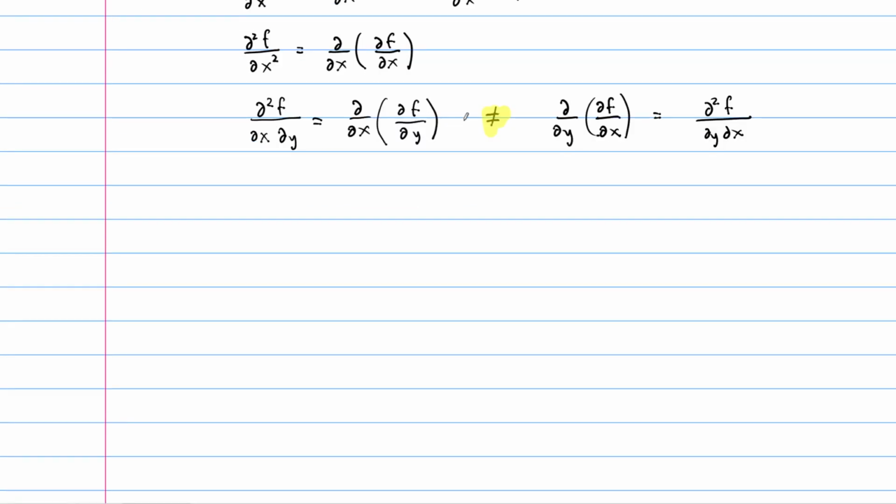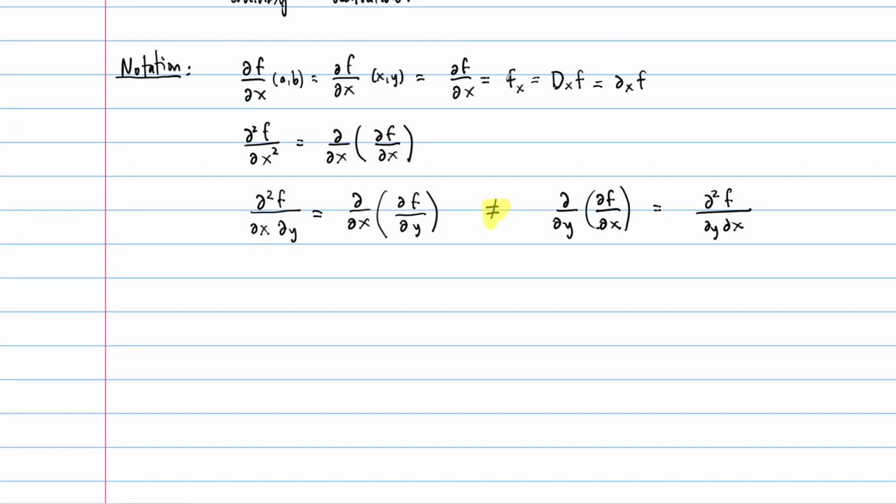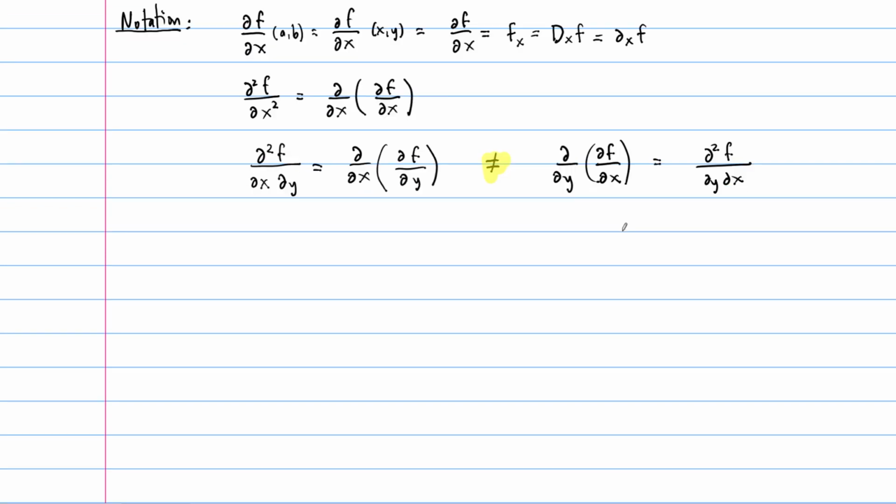Okay, what we really need to be careful of here is how we are going to use this notation, or even this notation, for these multiple derivatives. So here's one, f sub xy like this. This is the rule of thumb, okay?